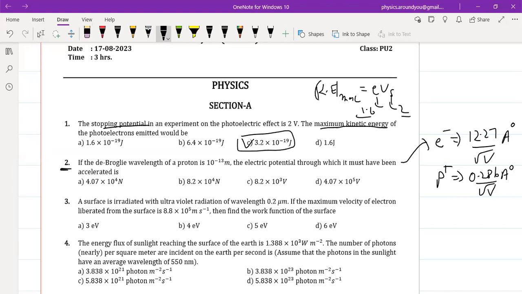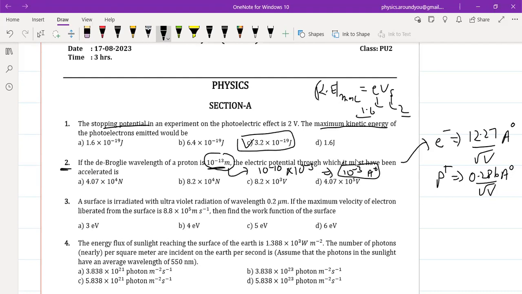It will help you immensely with protons and electrons especially. And remember, we will always put the de Broglie wavelength in angstroms, but given here it is in meters. So when I convert this meters to angstroms, I will get 10 to the power minus 10 into 10 to the power minus 3, which would give me around 10 to the power minus 3 angstroms.